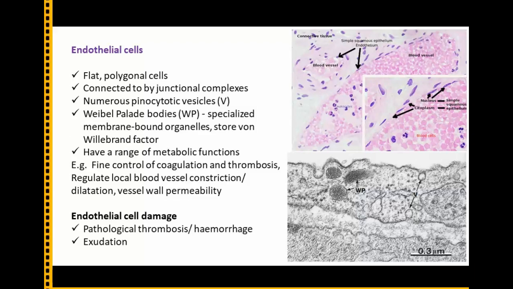These are the organelles which contain von Willebrand factor. You will learn about this later. This is a very important factor in blood coagulation and coagulation disorders. The endothelial cell is the place where these are stored.